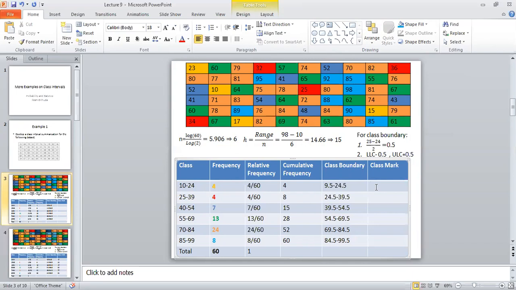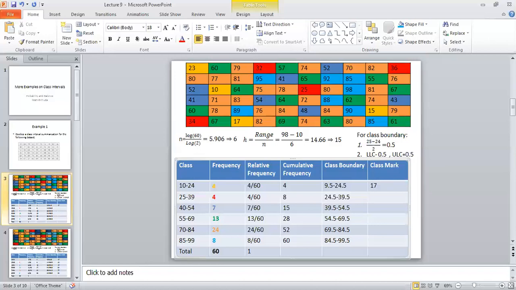Now the class mark, which is the single representative of the class or the middle value of a class, can be found either by summing the two values of the class interval and dividing by 2, or the two values of the class boundary and dividing by 2. So it's 10 plus 24 divided by 2, and this is 17. So the class mark for the first class is 17.